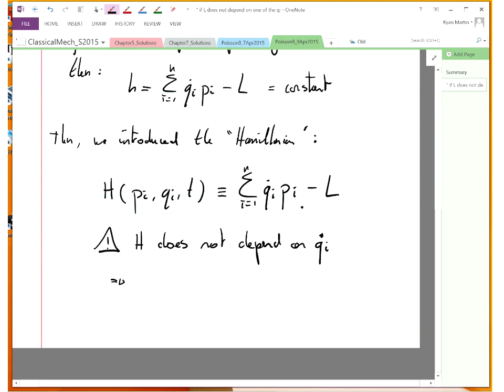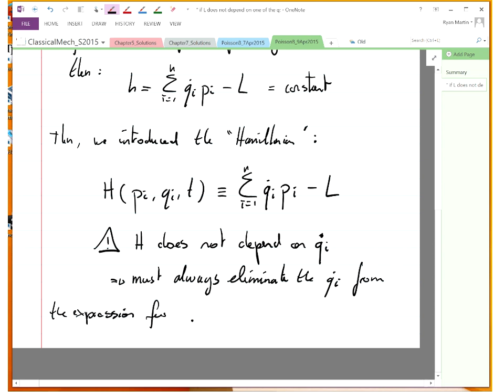So you must, after you evaluate the expression for H, you must always eliminate the qi dots from the expression for H. Okay, and we showed explicitly that you're always able to do that. It's one of these properties of the Legendre transform. The Hamiltonian is a Legendre transform of the Lagrangian.